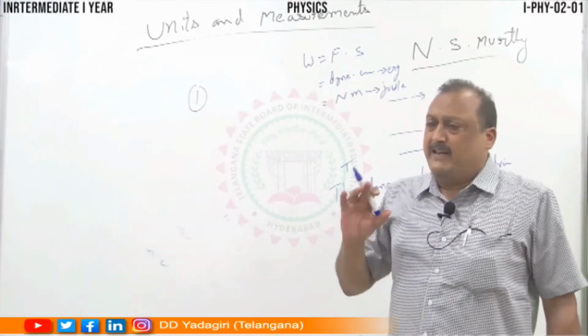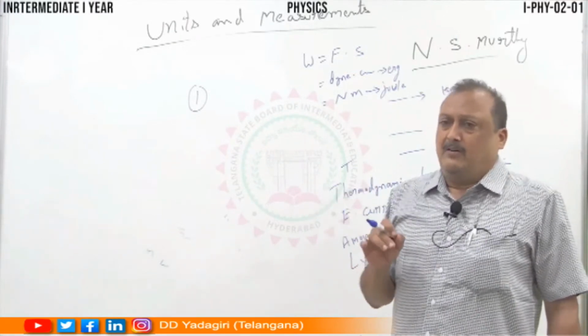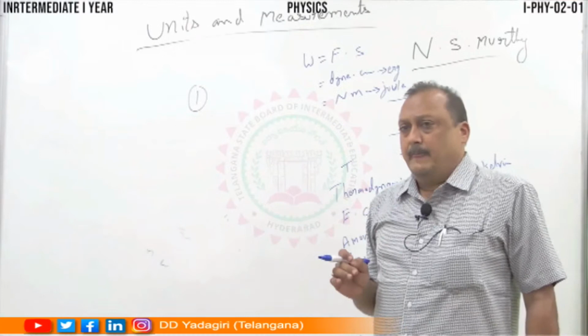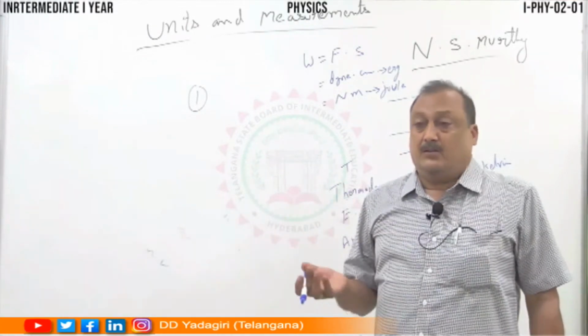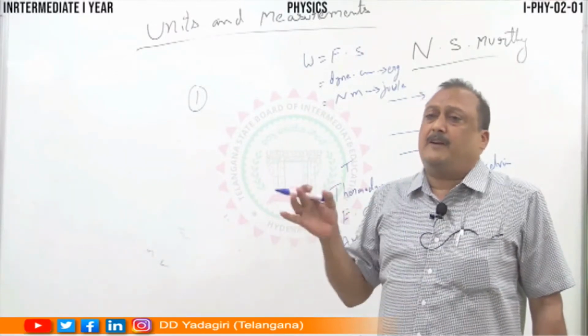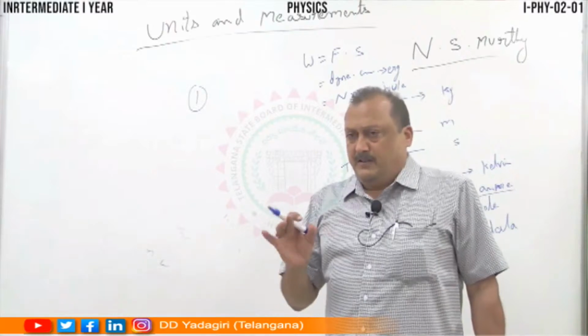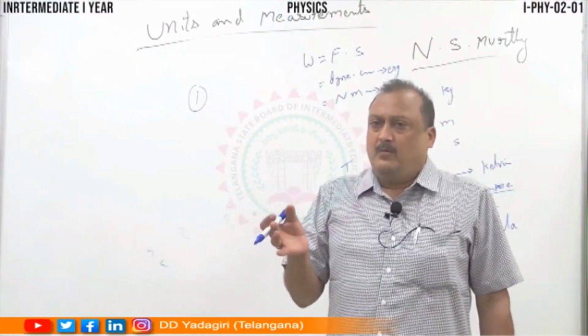We can check the equation whether it is correct or not. The second use of the dimensional method is that we can convert one system of units into another system. The third use is that we can derive the relation among different physical quantities. Simply: we can check, we can convert, we can derive.